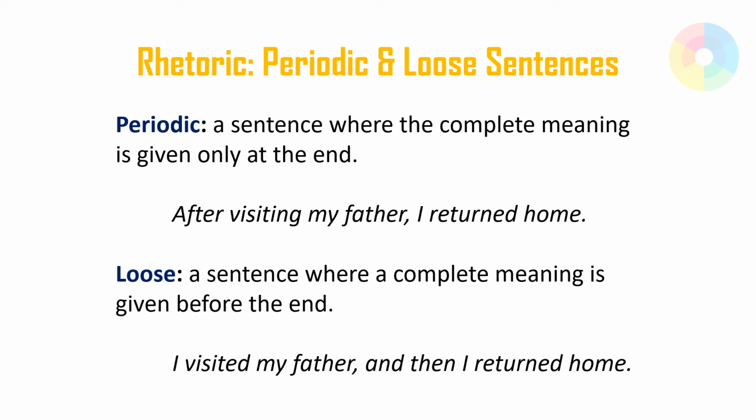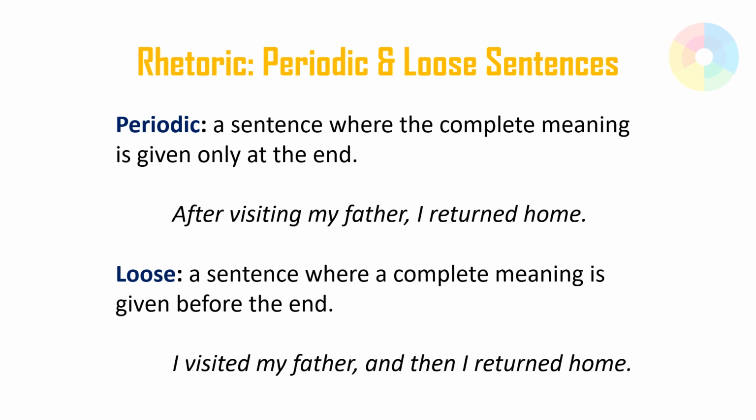And the second type of sentence is a loose sentence, which is a sentence where a complete meaning is given before the end. For example, I visited my father, and then I returned home. So you'll notice that complex sentences where the dependent clause precedes the independent clause produce periodic sentences, while compound sentences produce loose sentences.